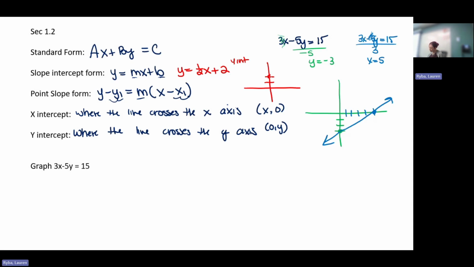Up at 2. And then it gives me a slope of 1/2. Your slope is always how much you go up or down, sorry, and then how much you move to the right. So 1 over 2 means I'm going to go up 1 over 2. And then my line would look like that.